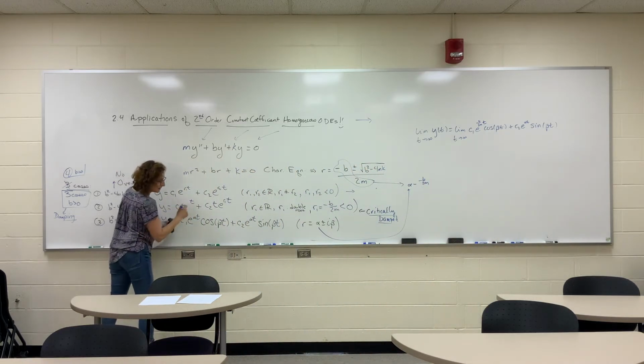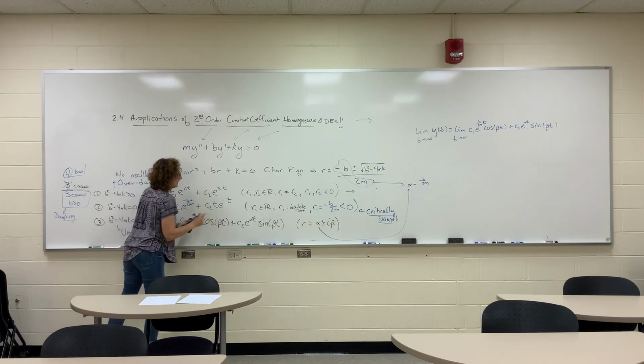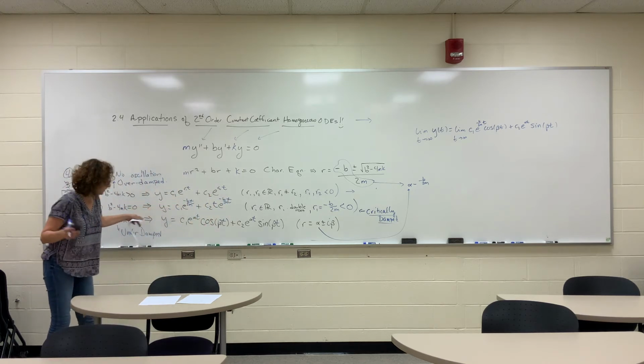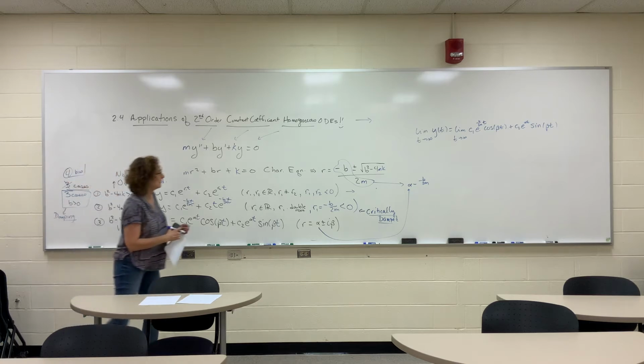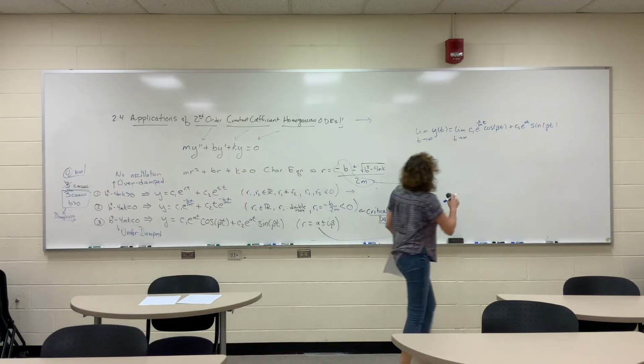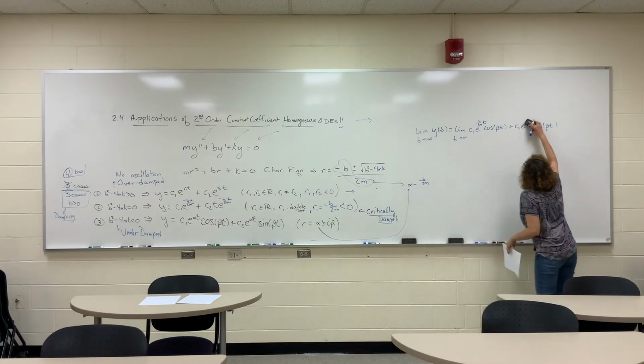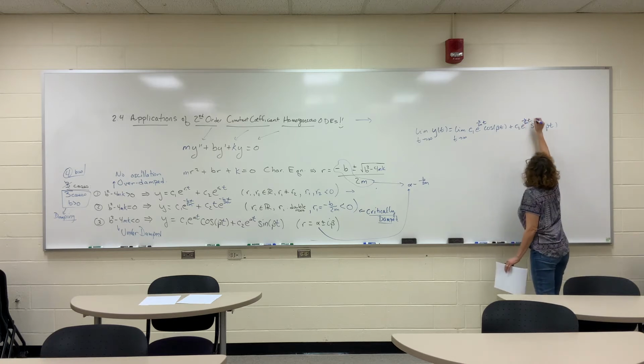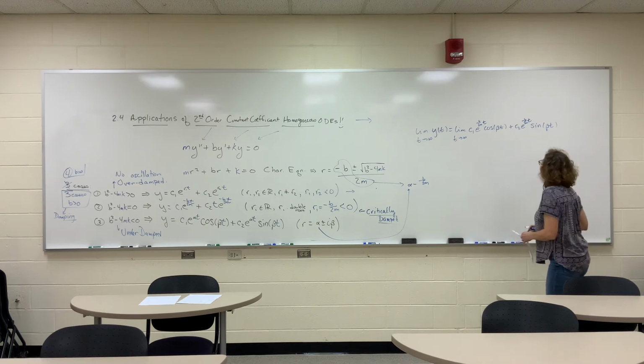Okay, in this case, right, negative b over 2m, negative b over 2m, yeah? Okay, b and m are positive, it's more clear that that's exponential decay. Same thing here, minus b over 2m t, yeah?